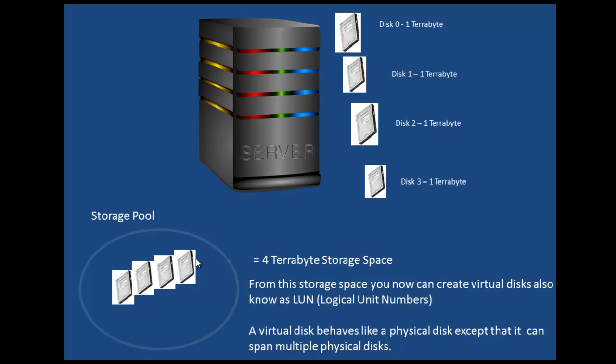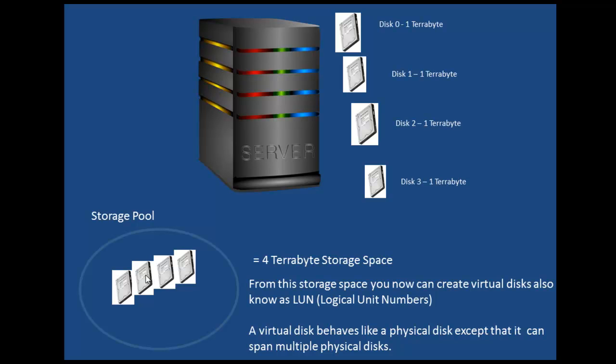And then from this storage space now, we can create virtual disks, also known as logical unit numbers. The difference here between an ordinary disk and this storage pool area is that when I create the virtual disk, I'm going to be able to pull space from the other disk.